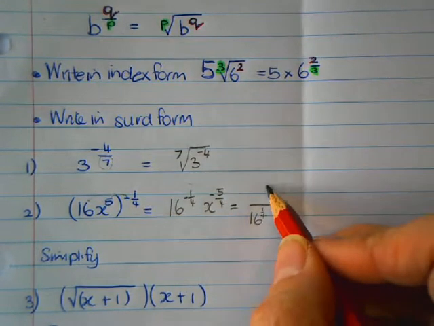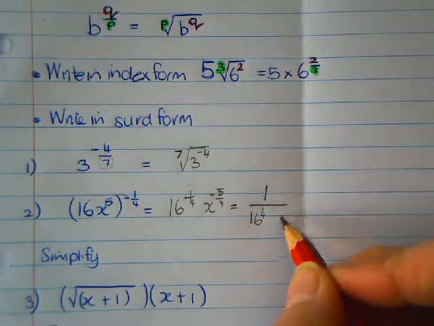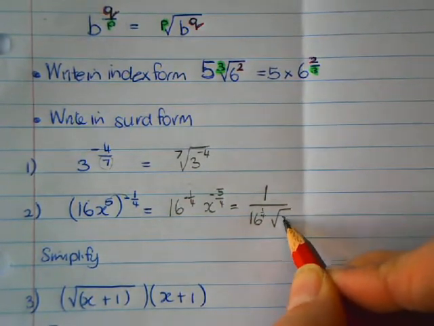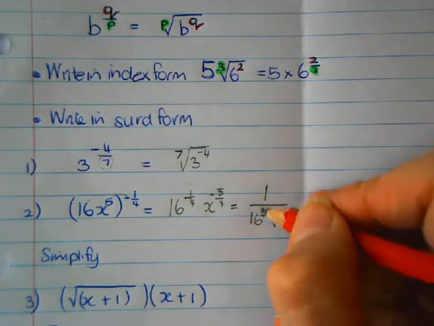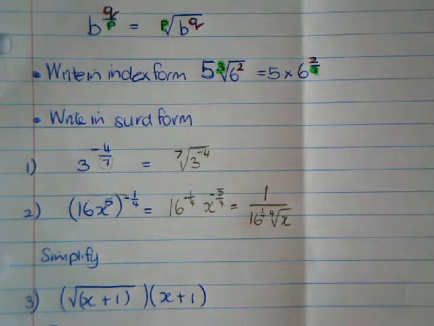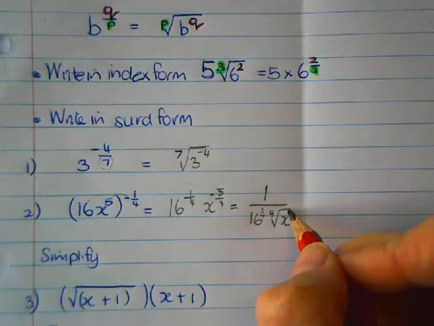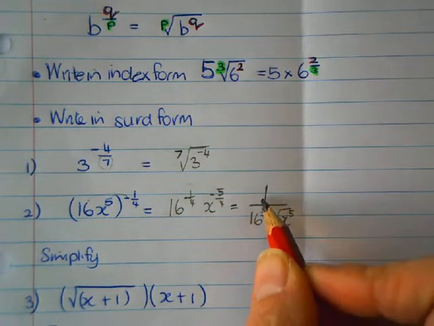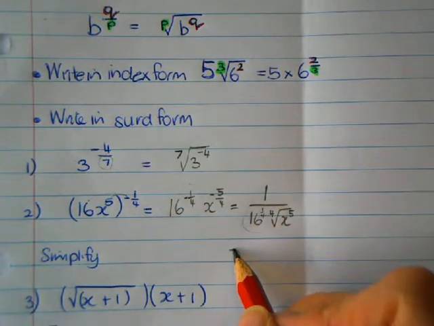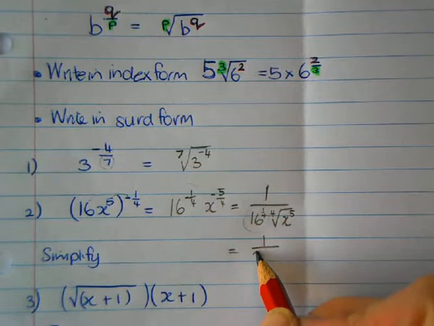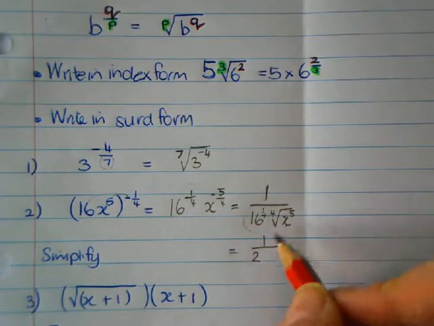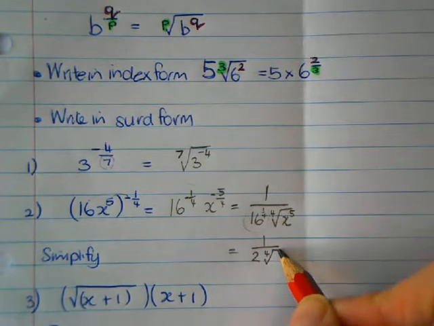And this also is going to live on the bottom line, so we just put 1 on the top line, put x inside the bracket, the 4 goes outside, and the 5 stays inside. Now simplifying this part here is simply 1 over 2 for x to the power of 5.